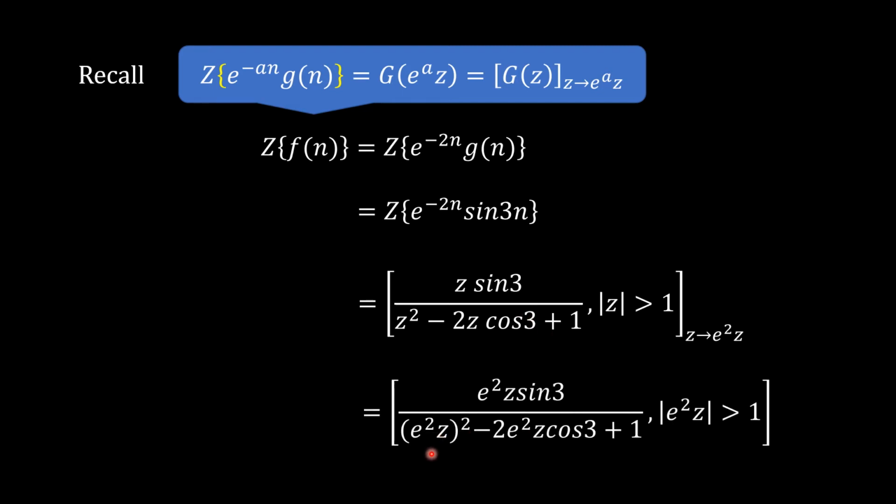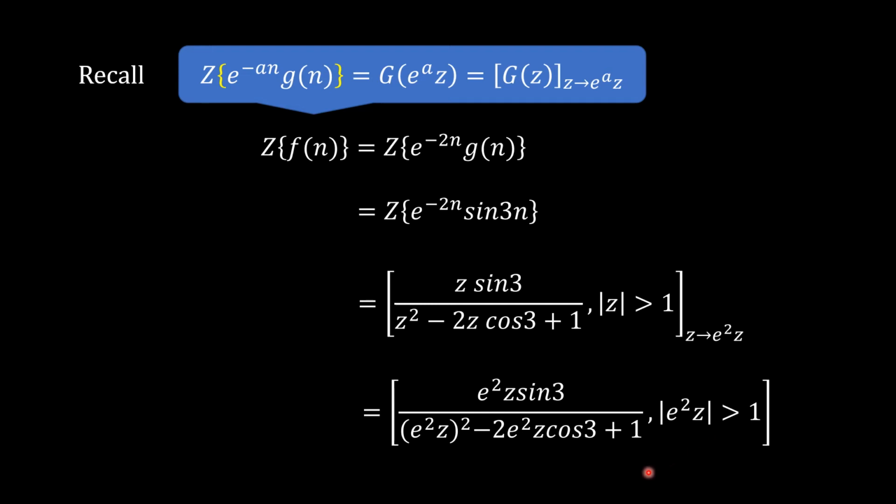That will give us e square into z sine 3 divided by bracket e square into z squared minus 2e square into z cos 3 plus 1, and in the modulus also replace that z by e square z. That will give us mod of e square z is strictly greater than 1.